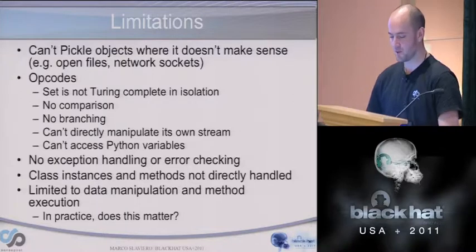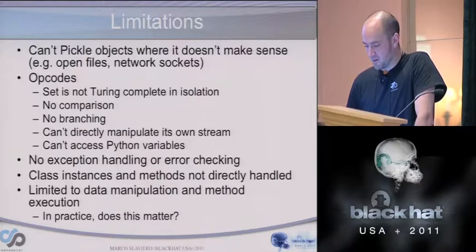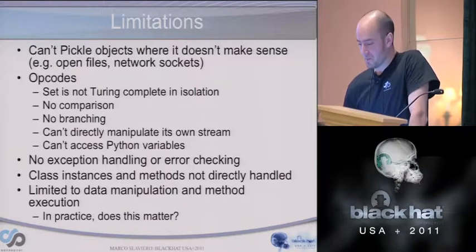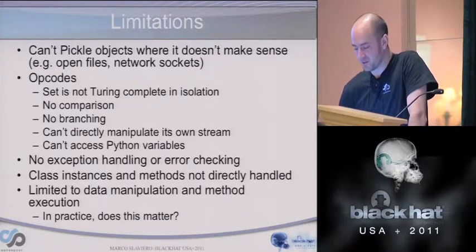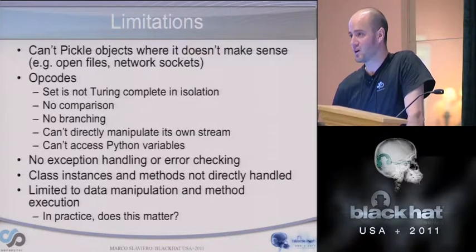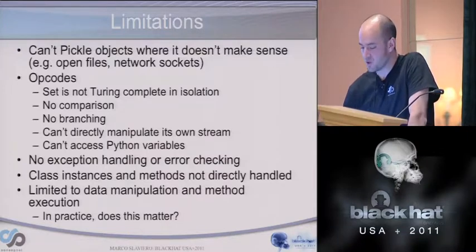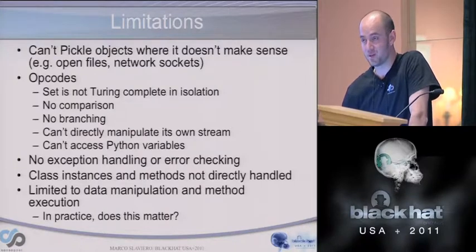In terms of the operations that are possible, the opcodes that Pickle supports, that set isn't Turing complete. So for example, there's no comparison, there's no branching instruction. So you can't write fully fledged programs just in Pickle instructions. You also don't have any error handling in Pickle. So if your Pickle breaks, that's it.